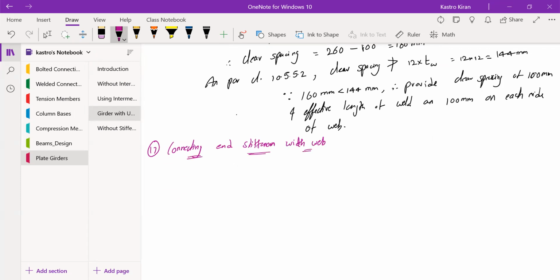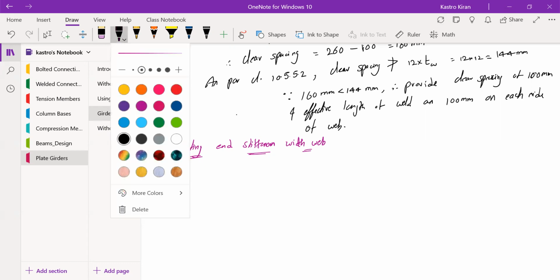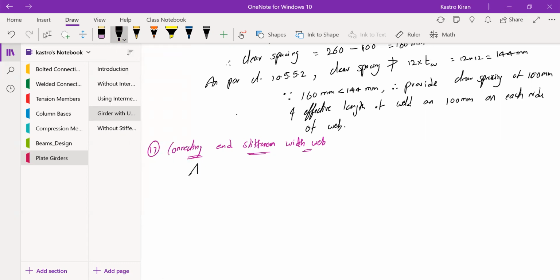Now here also, in order to find out this one, you have the specific formula. If you refer as per clause 8.7.2.6 of IS 800/2007, it will tell you that Q1 equals to TW square upon 5 times of BS.